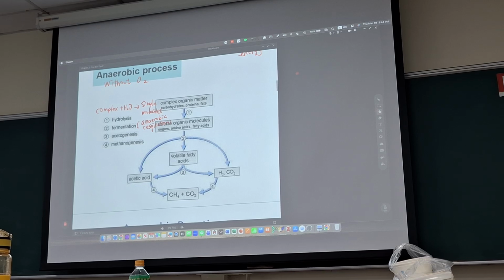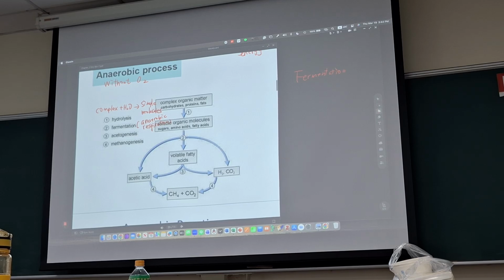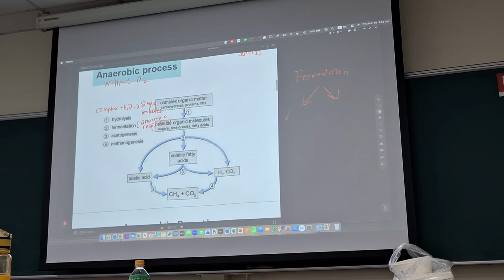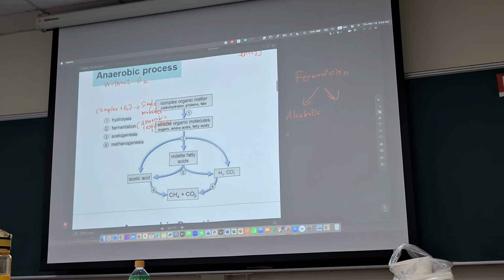And there are two kinds of fermentation. So quickly mention this. One is called alcoholic fermentation. You will produce alcohol. The other one is called lactic acid. So you will produce lactic acid. Understand? So there are two kinds of fermentations.